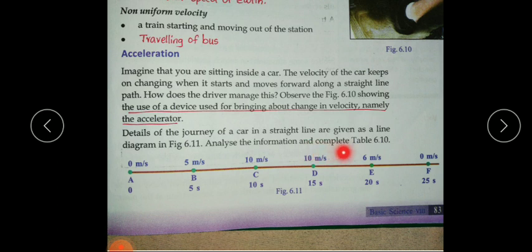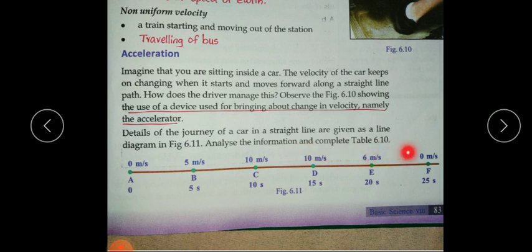Whenever there is a decrease in velocity, we get negative values of acceleration. Here the velocity is increasing, that is why we got positive acceleration, and here we got negative acceleration.